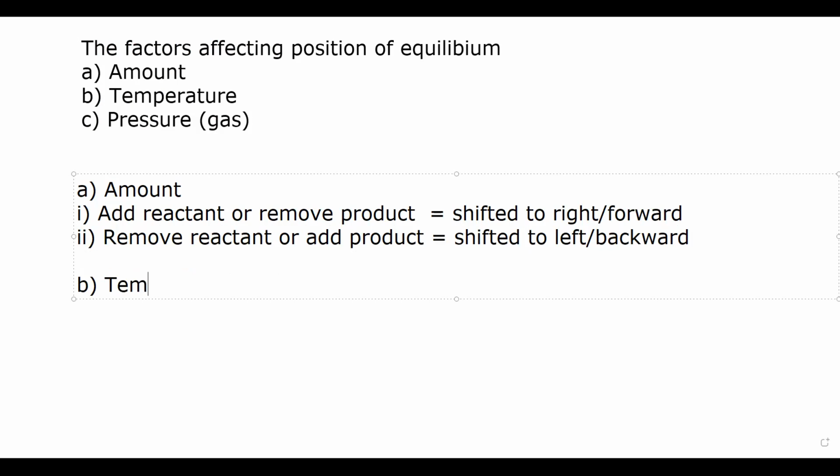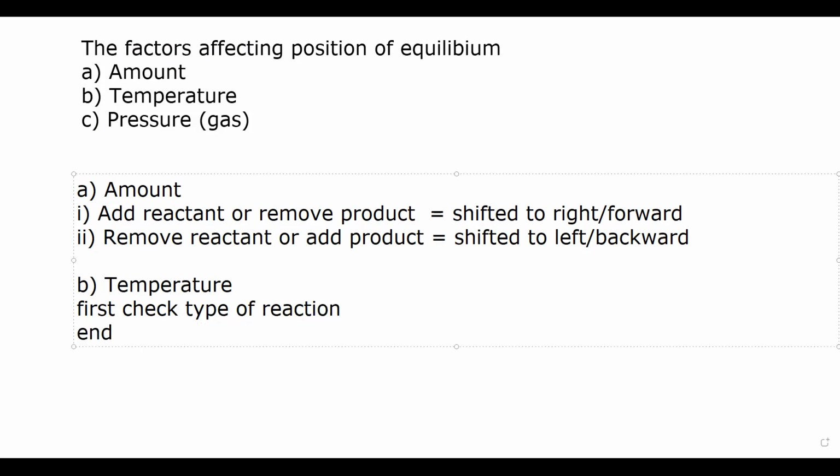Whereas for temperature, you have to first check the type of the reaction, because a reaction can be endothermic or exothermic. So if it is endothermic, then two possibilities are there.